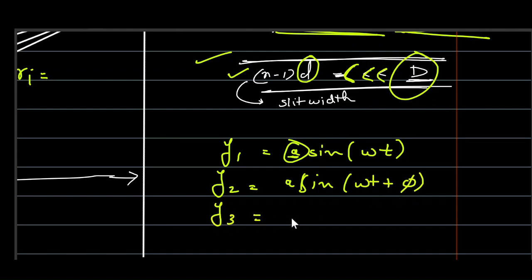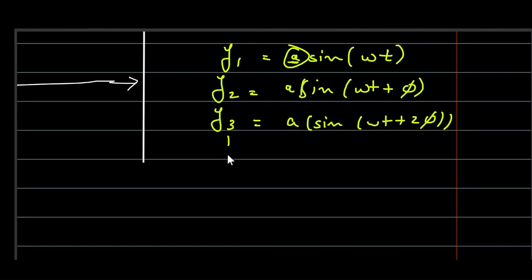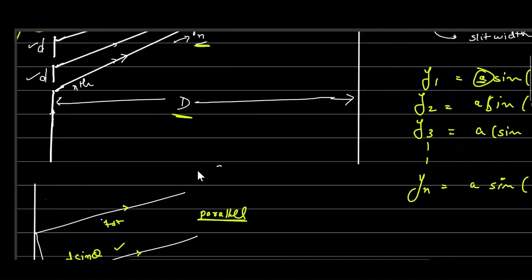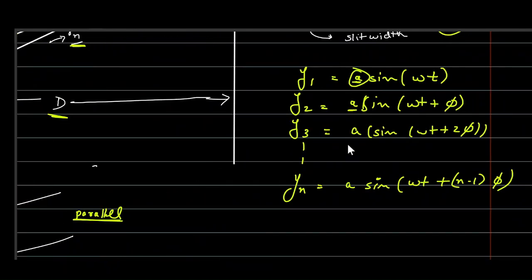From slit 3 we can write a sine of omega t plus 2 phi, and so on, up to the nth slit, which can be written as omega t plus n minus 1 phi. These are all the equations of waves originating from the respective slits, and we have assumed that they have an amplitude of a.